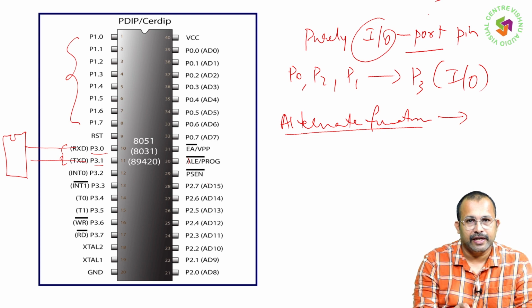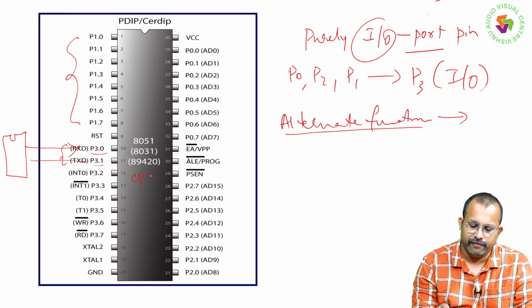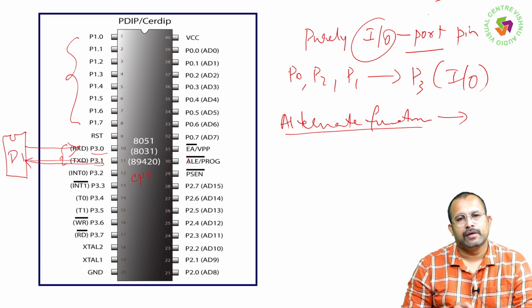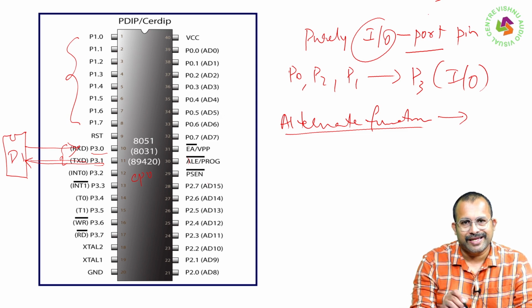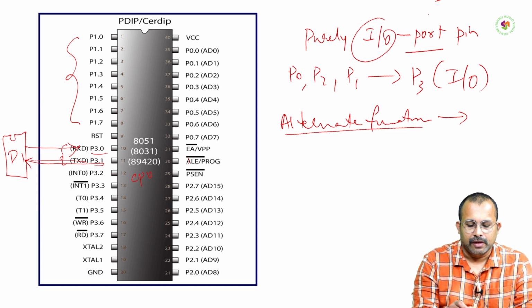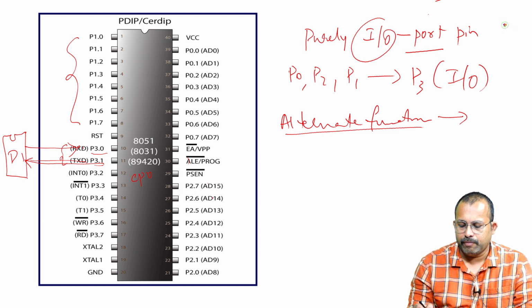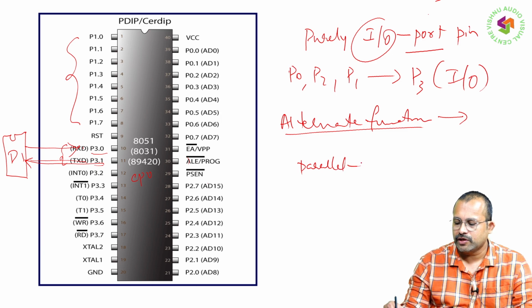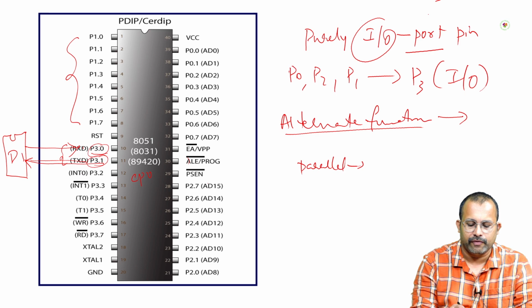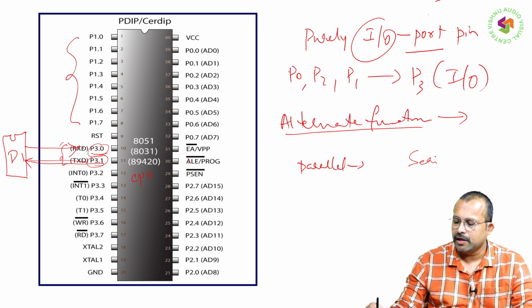That means data will be coming serially from the outside device, and the CPU of 8051 can send data serially to the other device. So we are establishing a serial link between the 8051 and another device. Generally, port 0, port 1, port 2 and port 3 are all parallel ports, which can incorporate parallel communication. But particularly port 3.0 and 3.1 are used for serial communication.